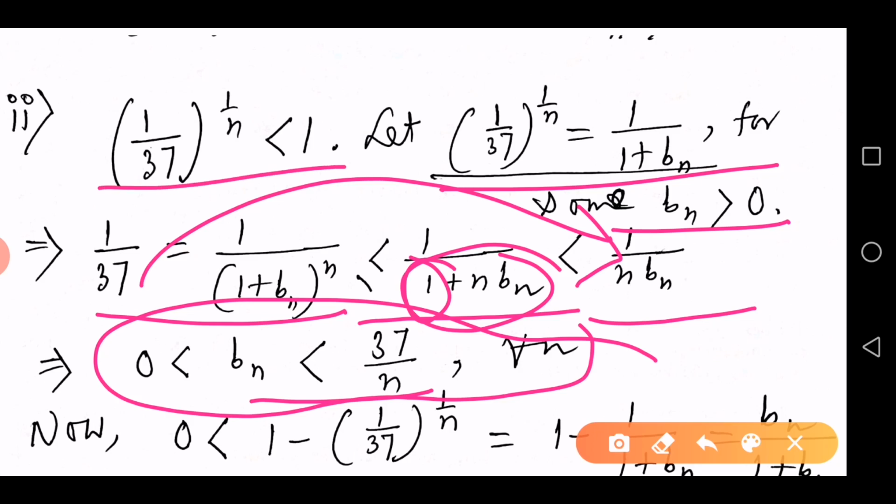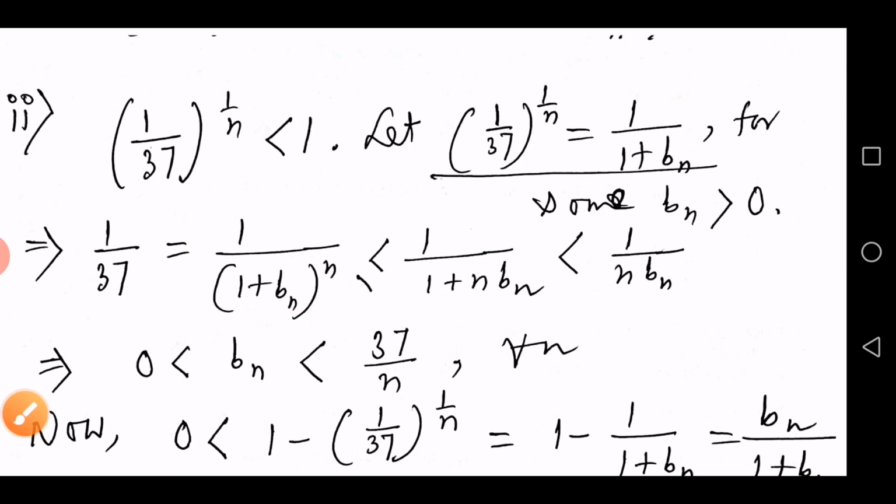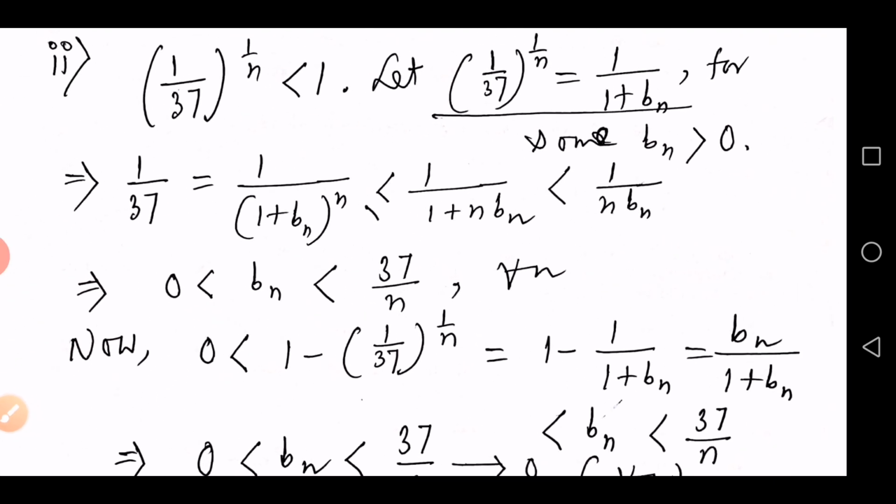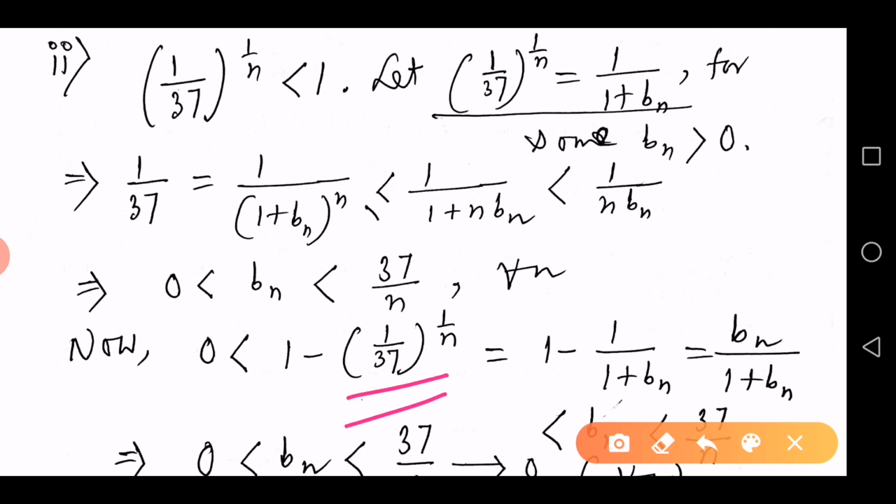Now, from this inequality, we have 0 less than 1 − (1/37)^(1/n). We can write (1/37)^(1/n) from this relation, so 1 − 1/(1 + bn).